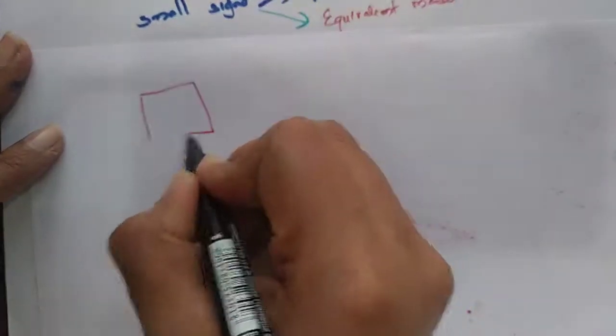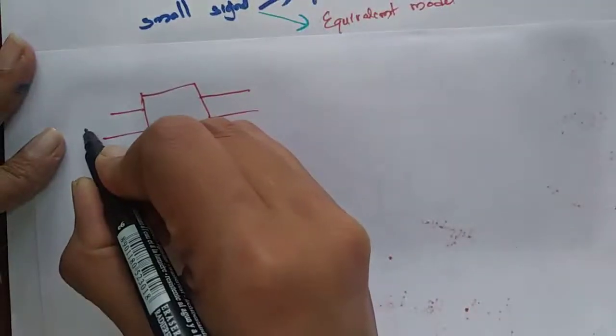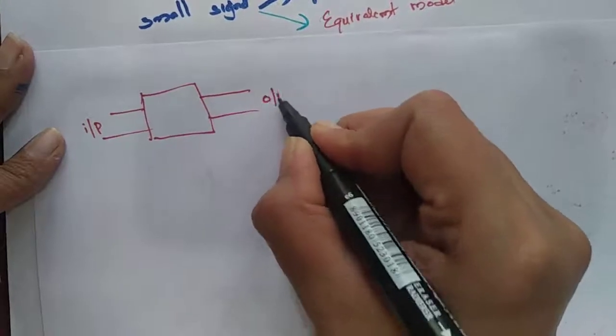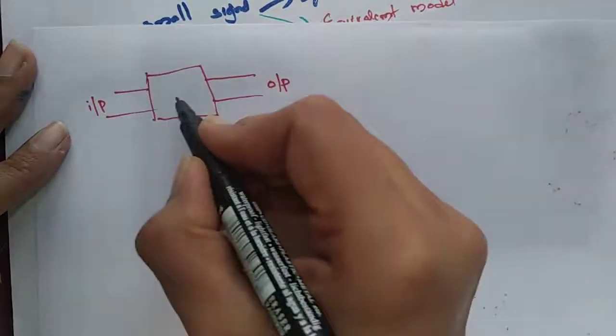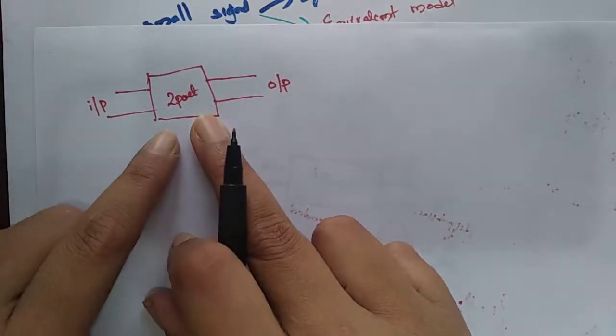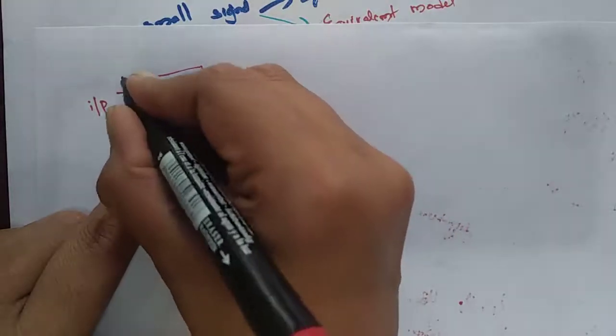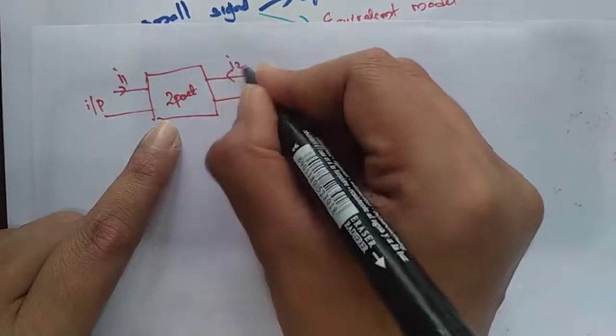Wait. In general we have a two-port network, and here this is the input port and this is the output port. Everyone must have understood this; we are explaining in terms of this two-port network. This is my current I1 and this is my current I2.